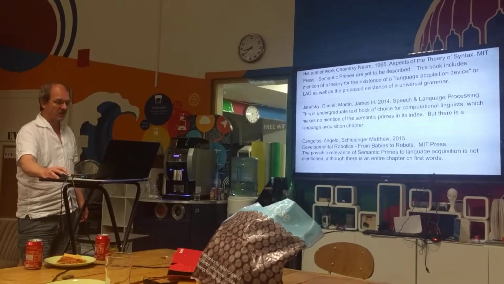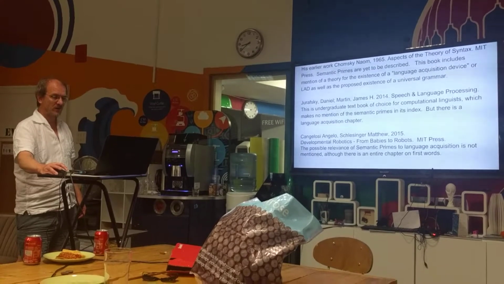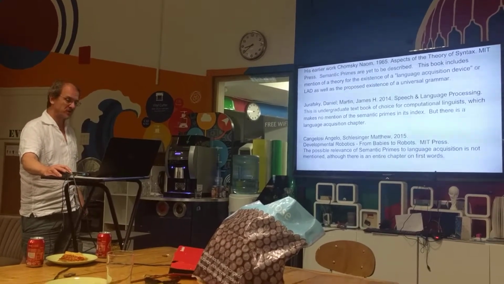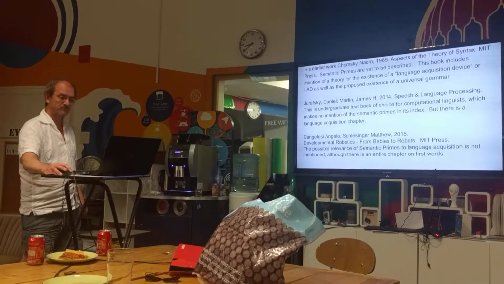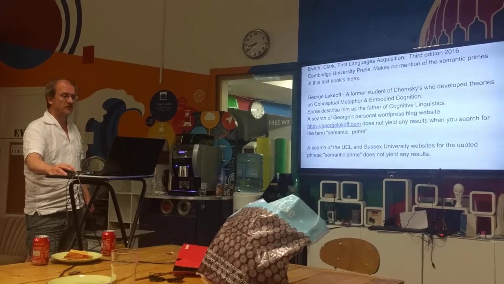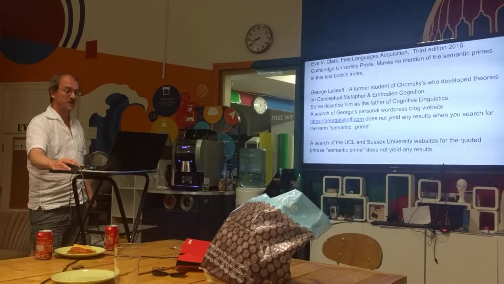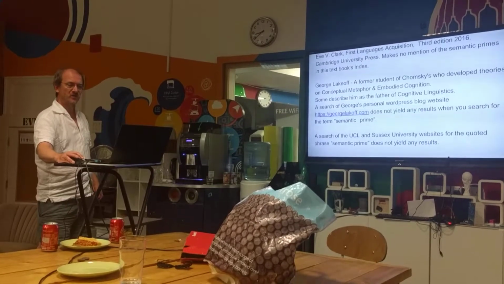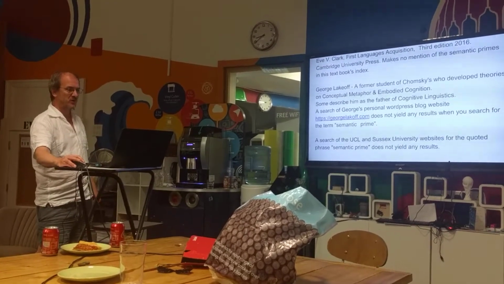The chap who wrote a recent book about modelling babies and robots, no mention there, although there's an entire chapter on language acquisition. First language acquisition, an entire book on it by a Stanford professor, third edition, no mention of semantic primes.